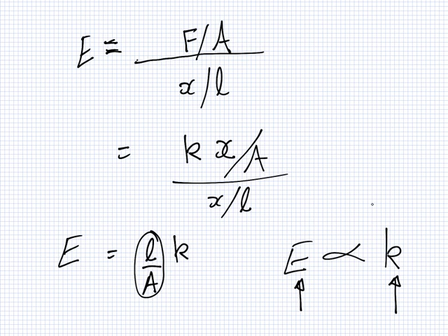Because remember, K is in newtons per meter. So if it's really big, it means you get a lot of newtons for your meter. Yeah? So what material would have a high value of K or a high value of E? What's a really stretchy material? A rubber band, maybe? Yeah, and what would be something with a low K or a low E? Stone, yeah, stone would be.